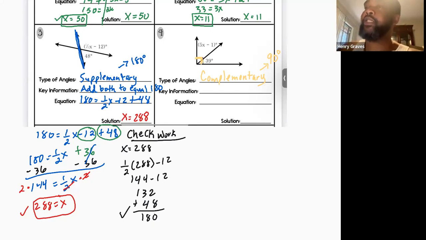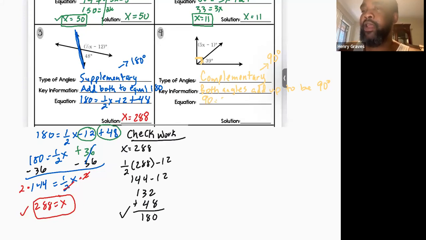So our key information is that we're going to have both angles add up to be 90 degrees. So my equation, I'm going to have 90 is equal to 39 plus 5x minus 1.